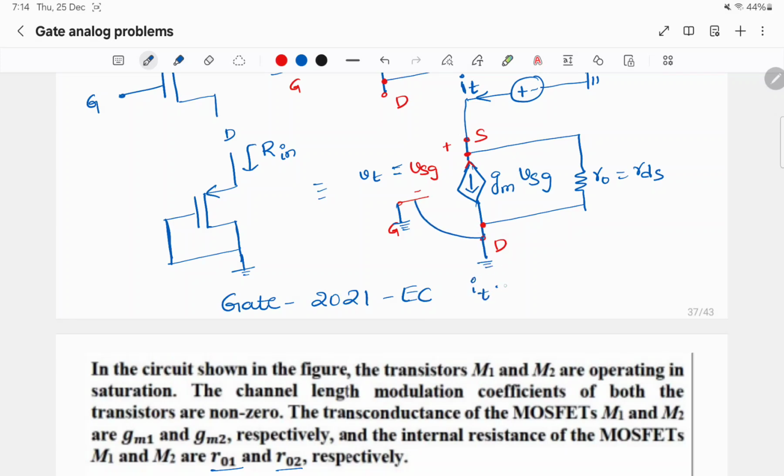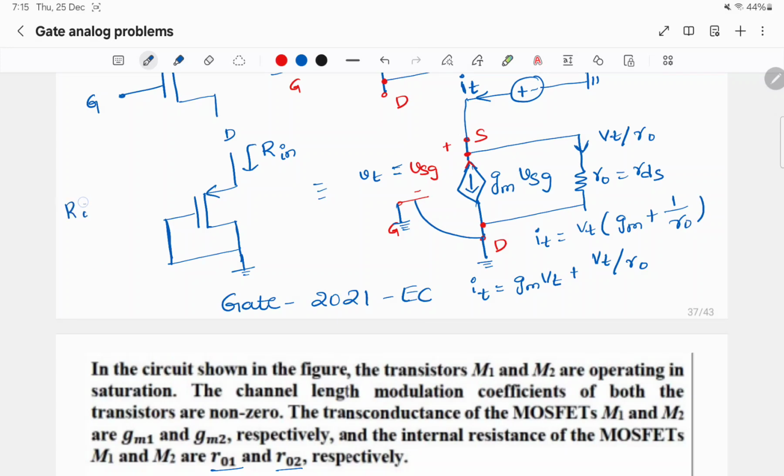So It is Gm times VSG, which is Vt, so Gm Vt, plus the current flowing in this branch, which is Vt by R0. So if I take Vt common, it will be Gm plus 1 by R0.